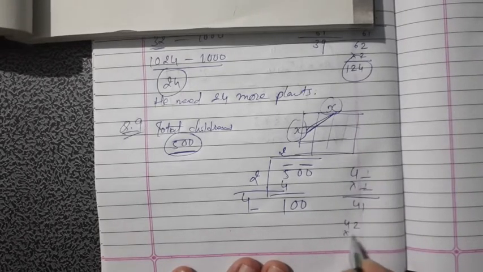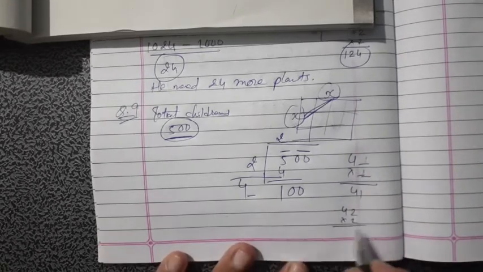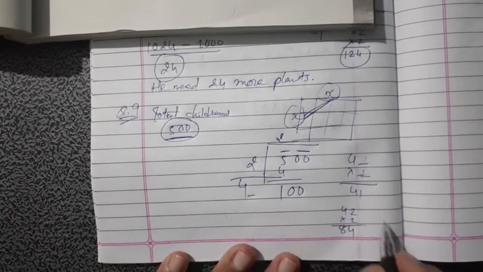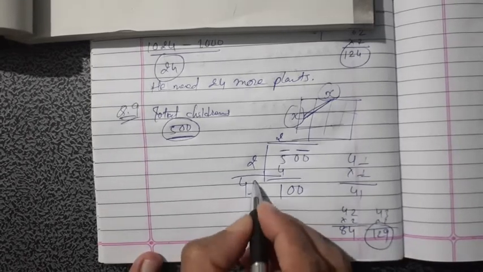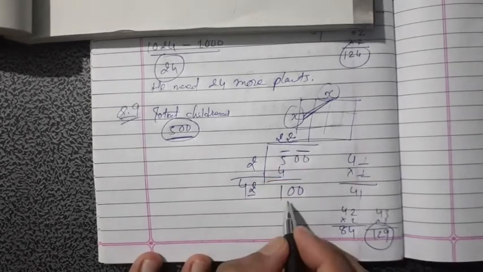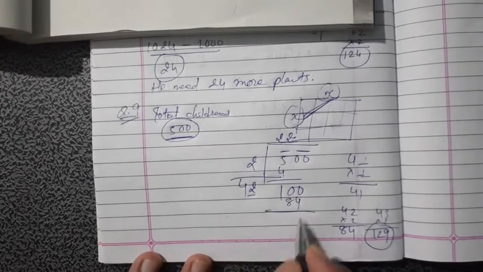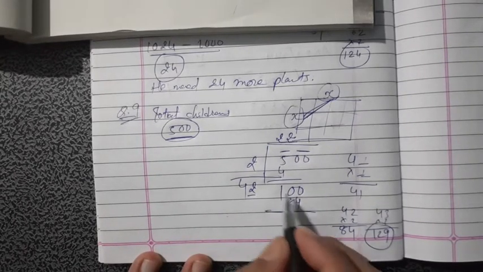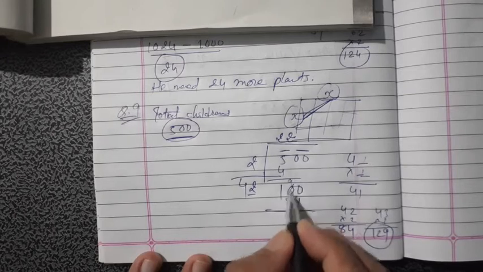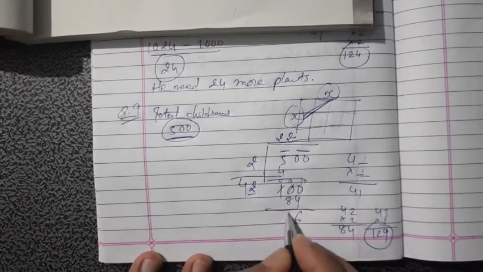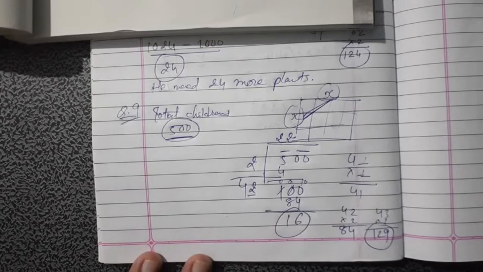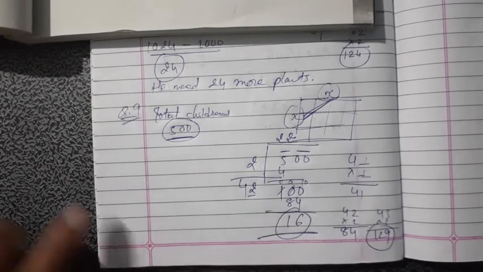If we take 2, 42 twos are 84. If we take 3, 43 threes are 129, which is more than 100. So we take 2, 42 twos are 84, and the difference is 16. That means 16 students.